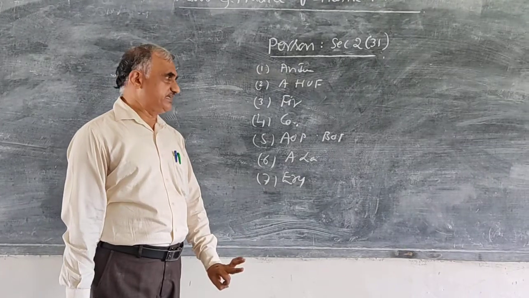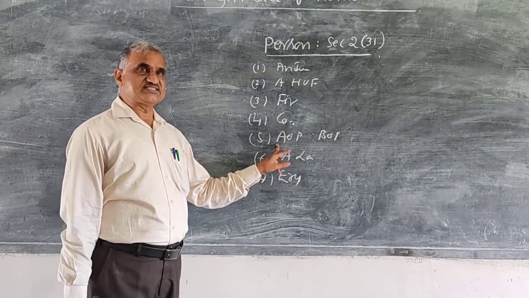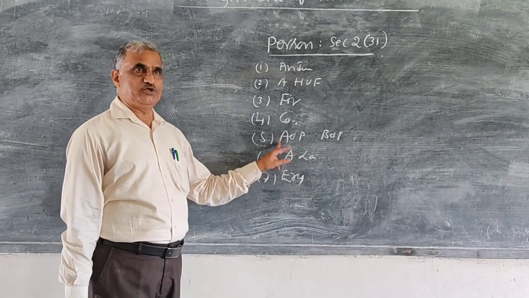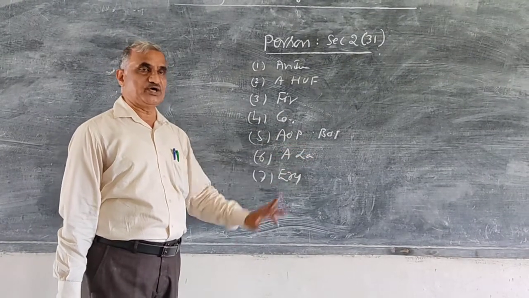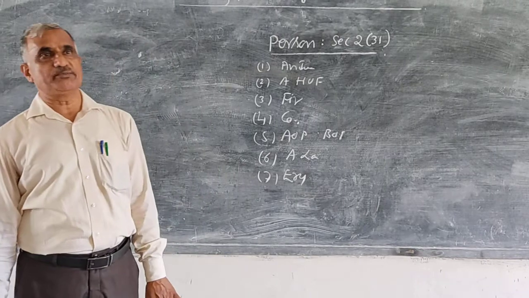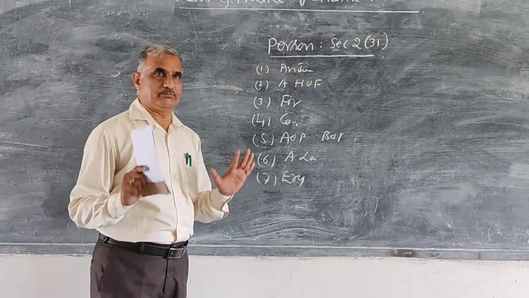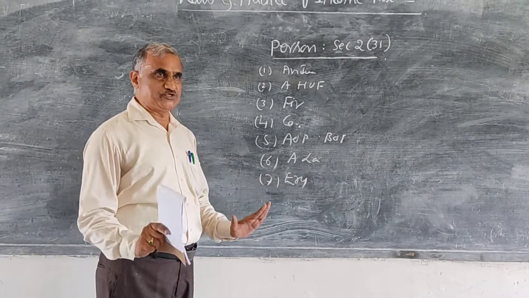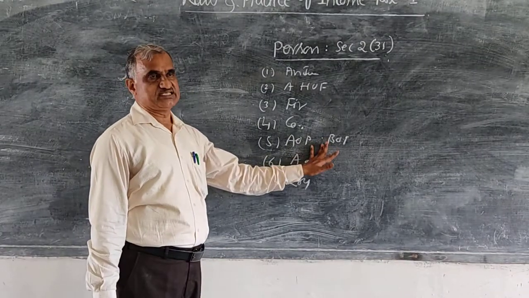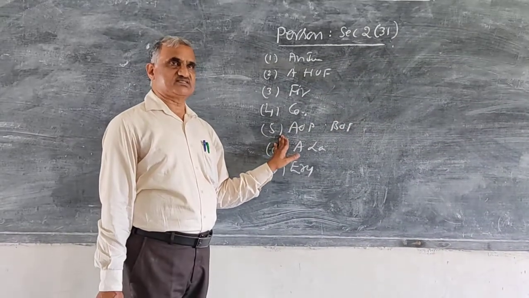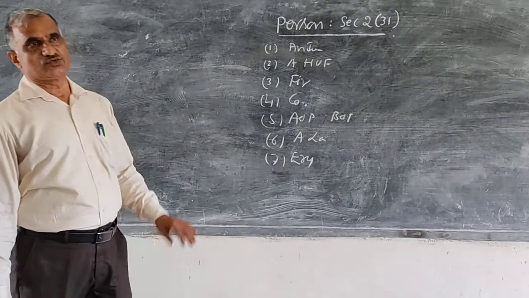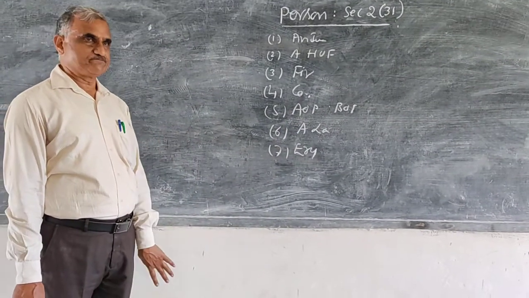The only difference is, in case of association of persons, there may be human beings or non-human beings. But in case of body of individuals, it is formed only by the human beings. Only individuals can form this one, that is body of individuals. So this association of persons or body of individuals, they should also pay income tax.